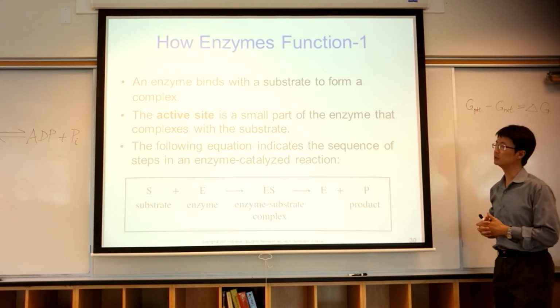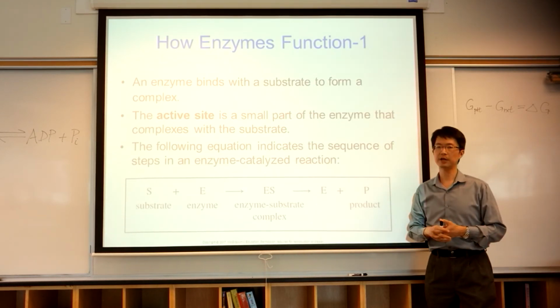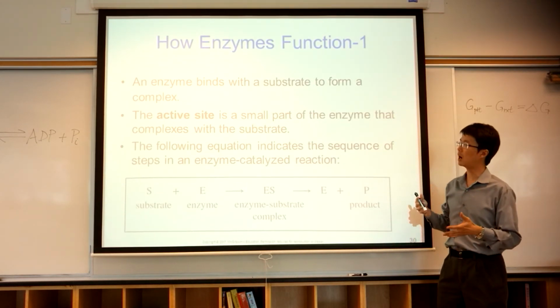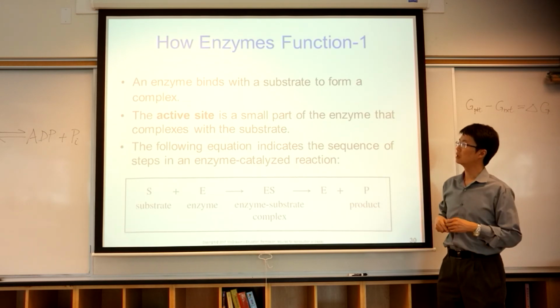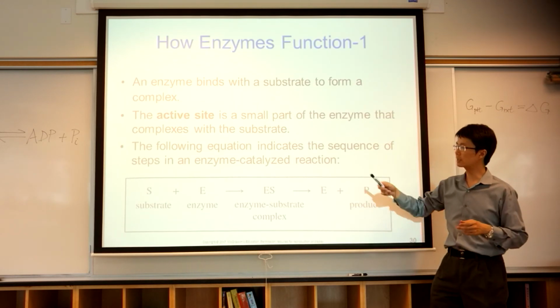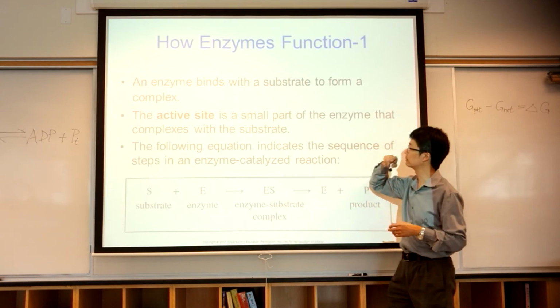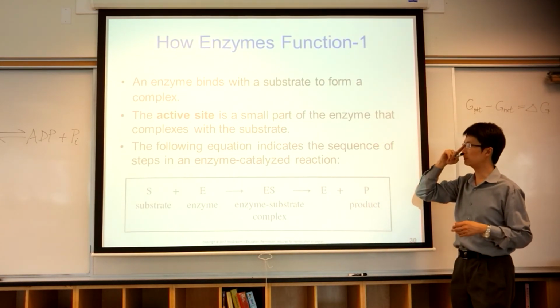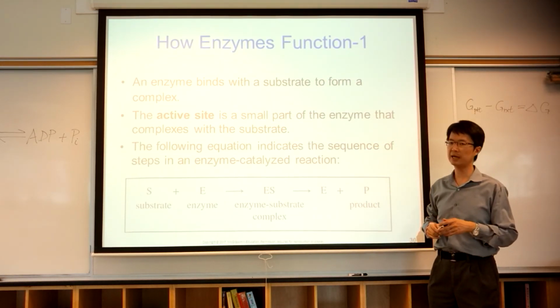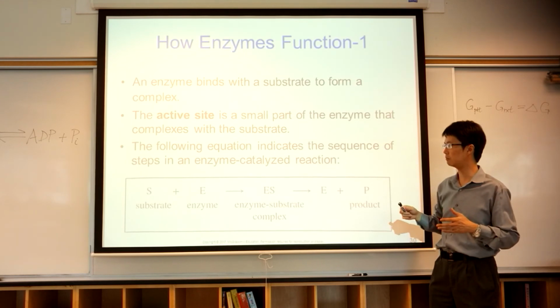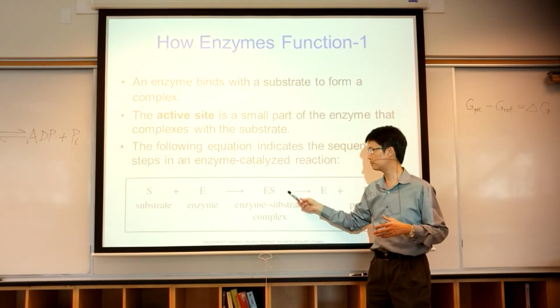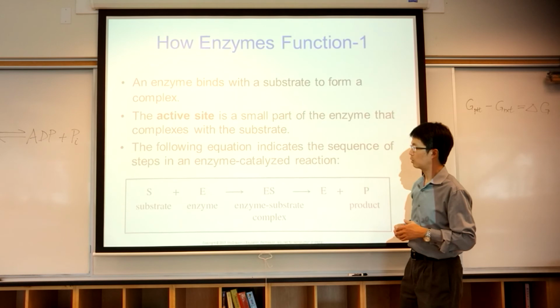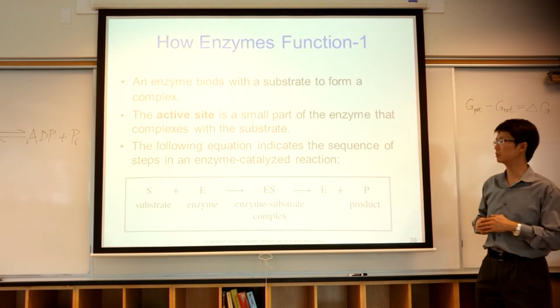How does an enzyme function? When a substrate, or reactant, binds to an enzyme, it binds to a site on the enzyme called the active site. When the substrate binds to the enzyme, we call it the enzyme-substrate complex.